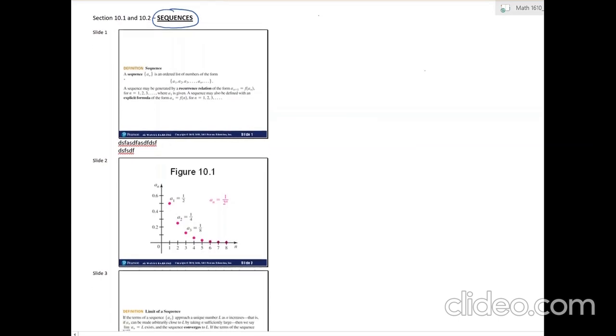Well, here's the definition. A sequence is an ordered list of numbers. So in other words, we write them as an, and then you have these brackets around it, and then you have the index n going from 1 to infinity.